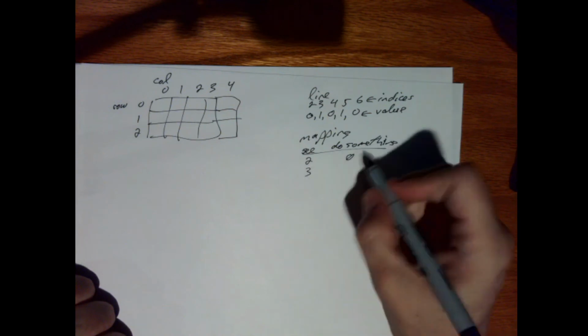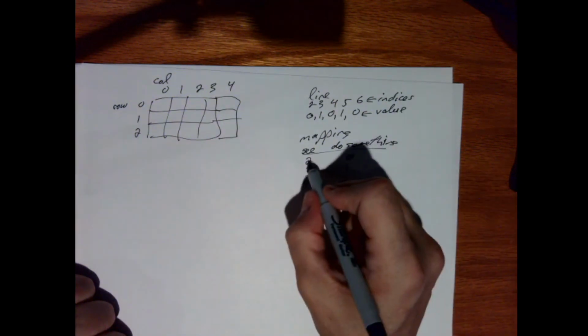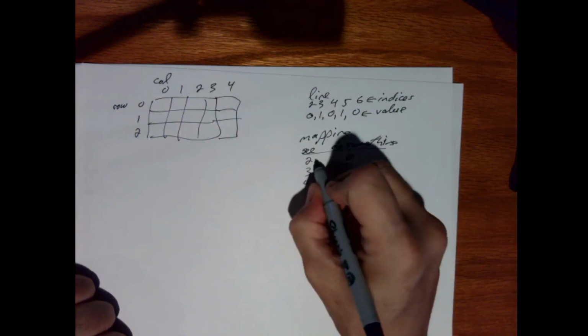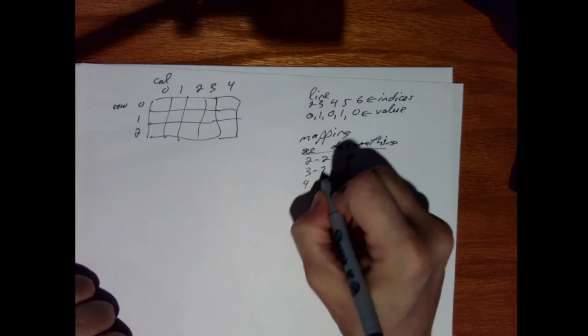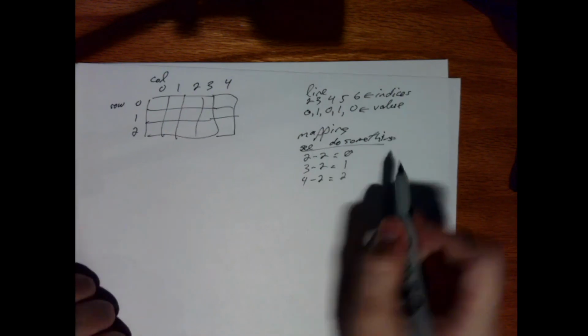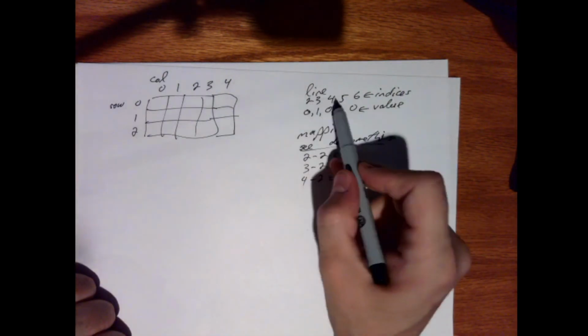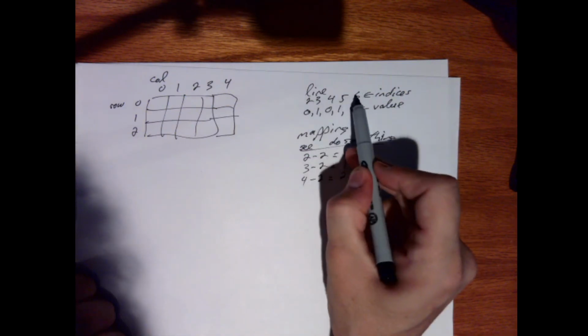And when I see 3, 1, 4, 2, and so forth. So what's the relationship here? 2 minus 2 is 0. 3 minus 2 is 1. 4 minus 2 is 2. So it's really a mathematical function. That's how I'm going to determine the column index of my table based upon the column index of the string.